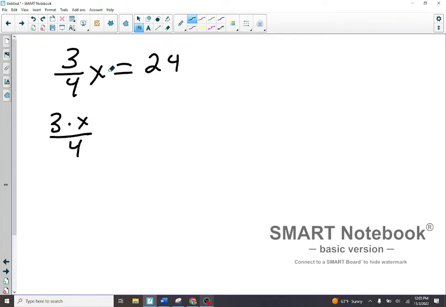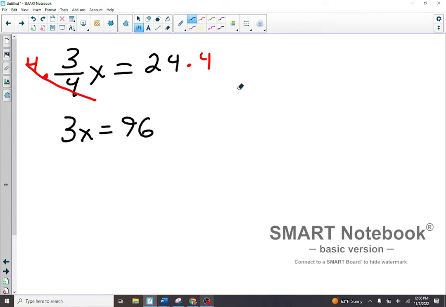If I break it up as two separate things, I can see I need to do the opposite of dividing by 4 and the opposite of multiplying by 3. Which means I can multiply both sides by 4. If I multiply by 4, that gets rid of divide by 4. So that crosses out, which means I have 3x equals 96.